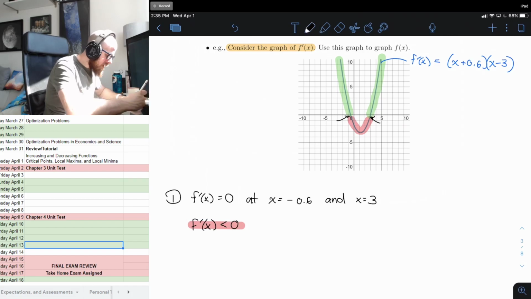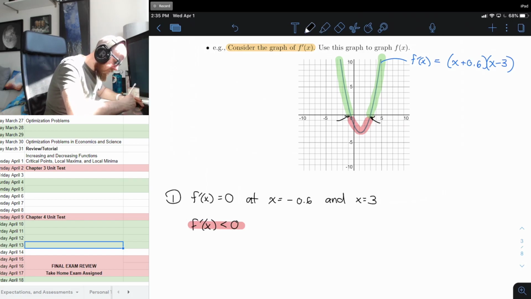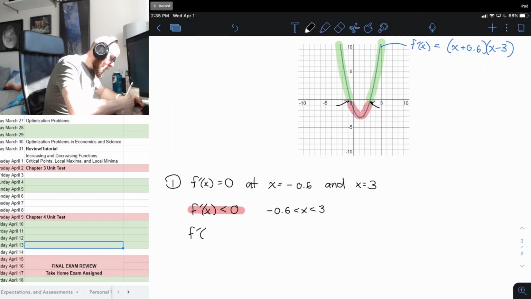So f prime of x is negative when x is between negative 0.6 and 3, and f prime of x is positive outside of that interval, so when x is smaller than negative 0.6 and when x is bigger than 3.